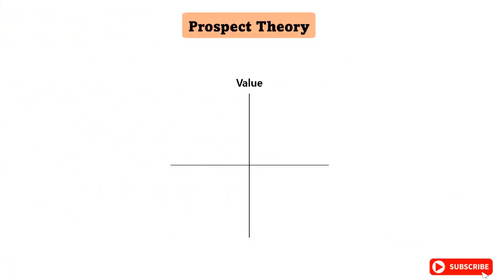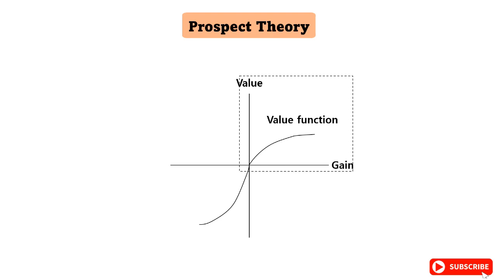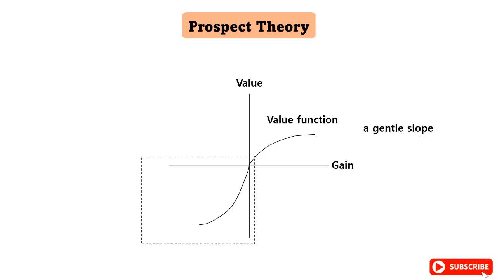I will explain the prospect theory explained so far again, focusing on the value function. The value function shows an S shape left and right centered on the origin. And the S shape is a combination of two different graphs. The graph of the first quadrant has a gentle slope, and the graph of the third quadrant has a steeper slope.